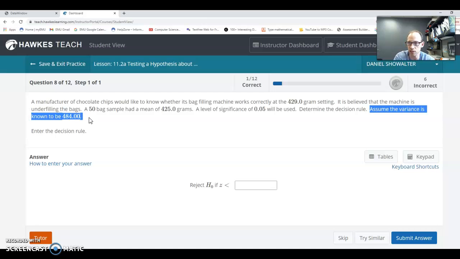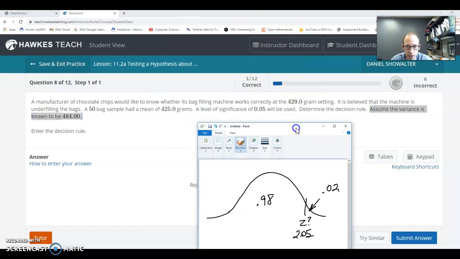And of course, we would take the square root of this. We don't need to actually calculate it, but for this particular problem, we need to know whether or not we have it. And so we do, which allows us to use z. If we didn't, if our standard deviation came from this 50-bag sample instead, then we would have to use the t procedures.